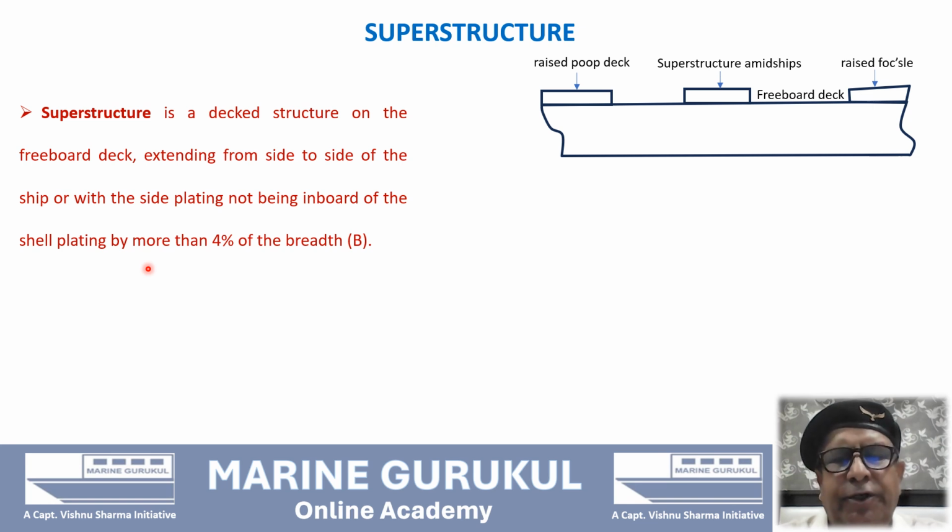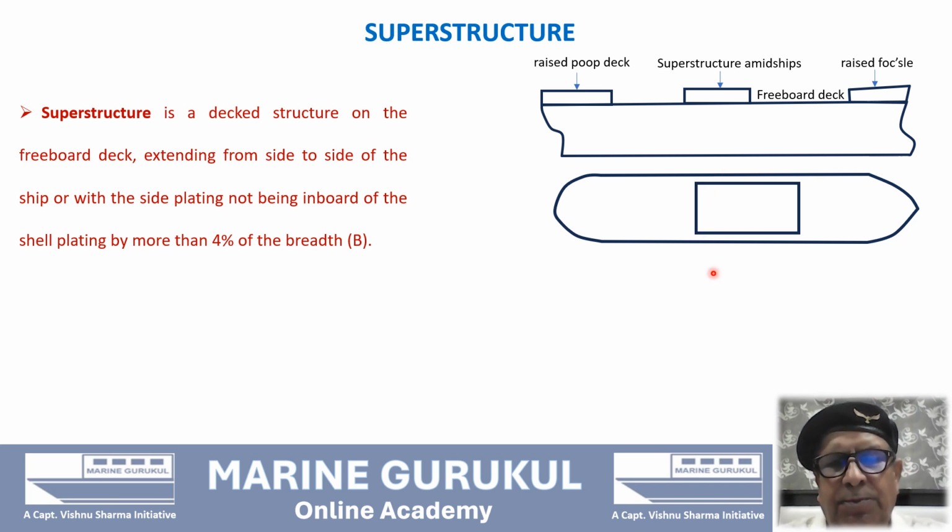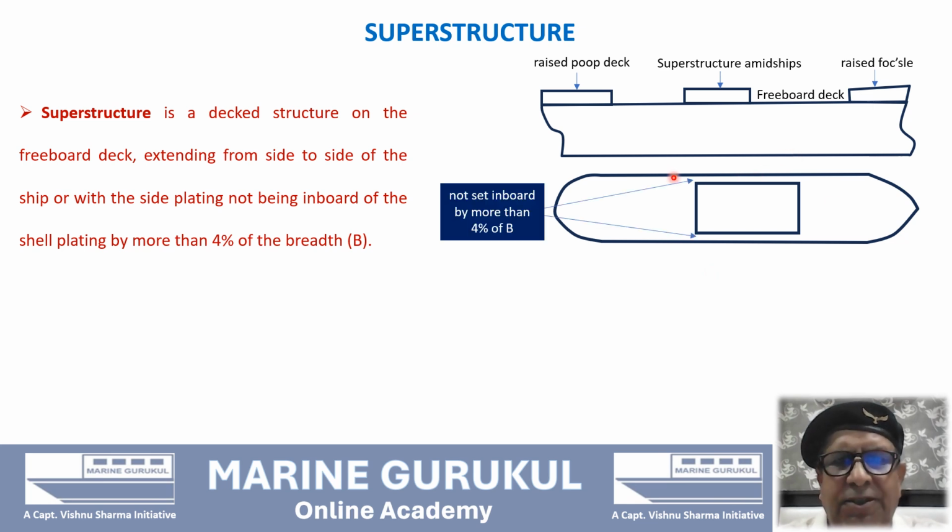Now these three decked structures above the freeboard deck, for them to be called as superstructure, they must extend from side to side, or for example, if the structure amidships is not extending from side to side, then it must not be set inboards by more than 4% of the breadth.